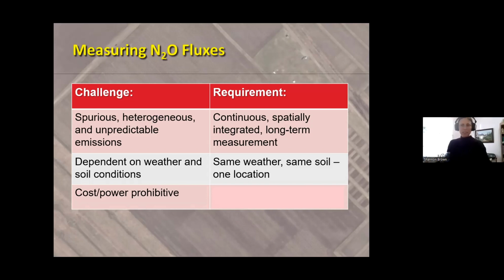Analyzers for N2O are typically very expensive, and if you're powering a site, you typically need line power for these analyzers. So again, for treatment comparisons, it'd be advantageous to have just one analyzer. Most studies typically just have one.